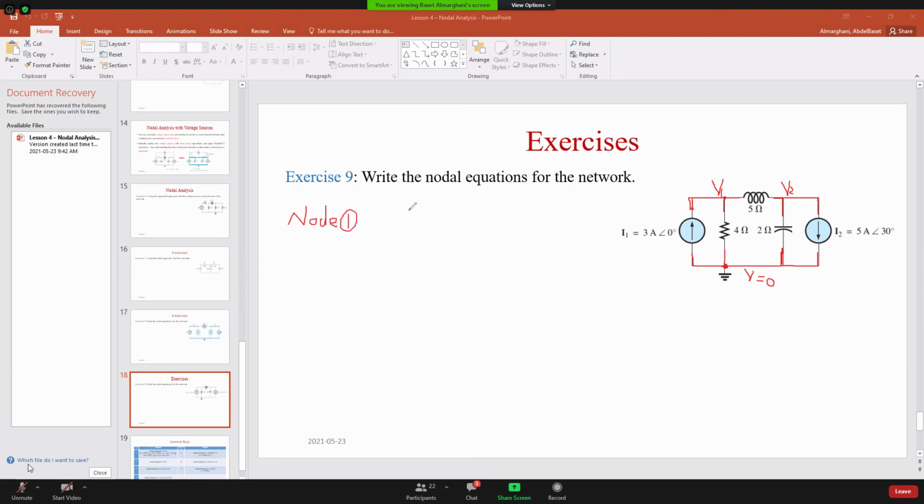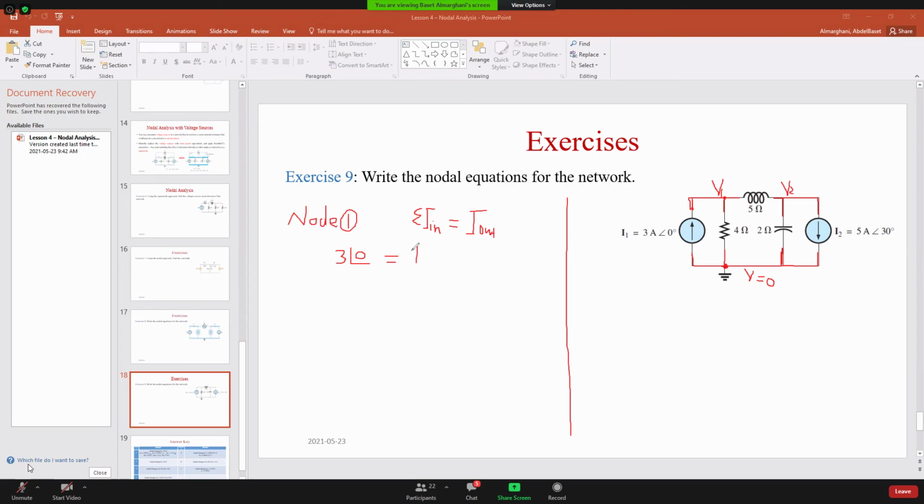the sum of the coming currents equals the leaving currents. So the coming currents, I have one current coming, which is 3 angle 0. So that branch. Then the leaving currents, I have two. One of them is in the 4 ohm and one of them in the 5 ohm inductor.